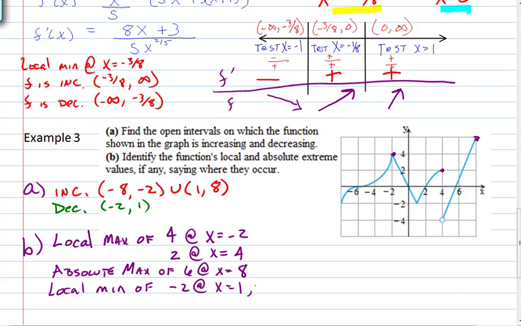Or, yeah, it's that negative 8. I don't know that I would call that a local min because you don't know the graph to the left. Local means you got to look at the left and the right. Okay. And this is not an absolute minimum because I've got points that are lower.